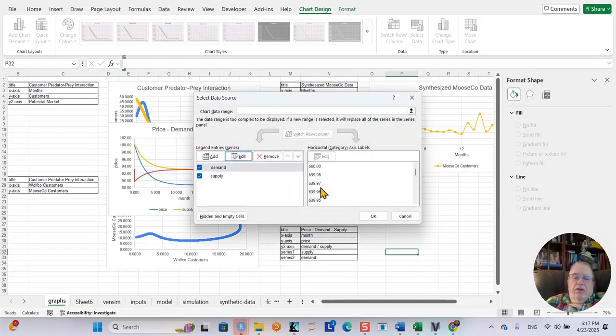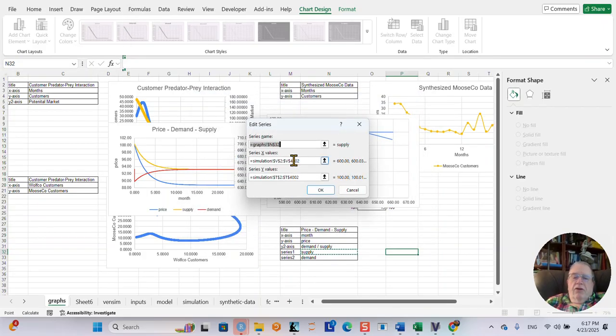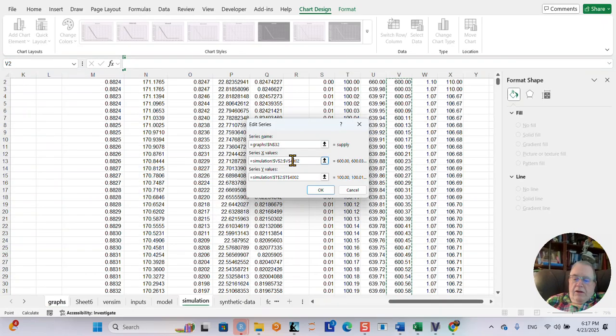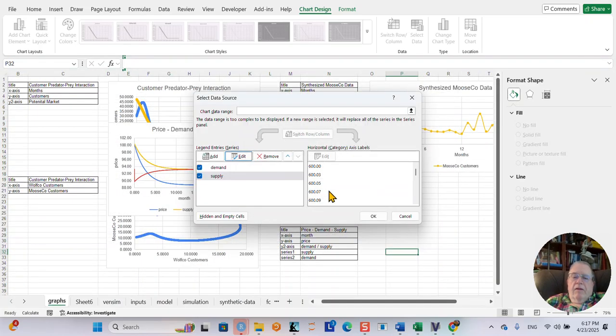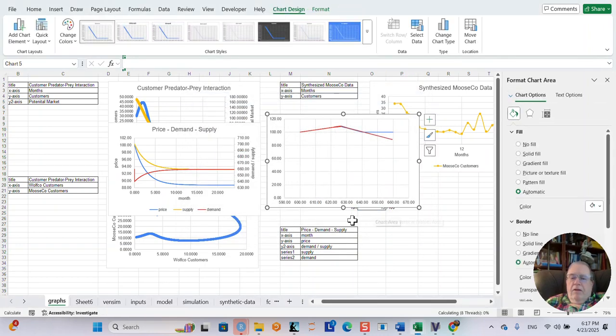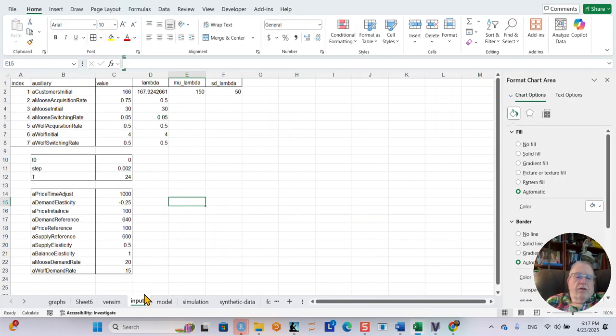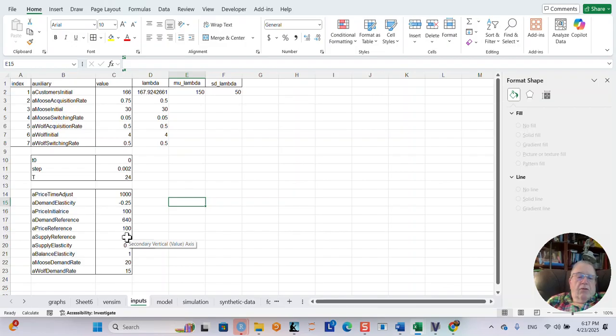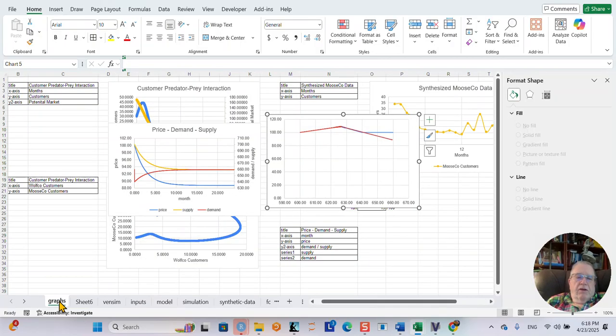But there's that. And on the supply side, do the same thing. I just want to make sure everything is there so I don't forget when I post all of this. And there we go. And we go back to the inputs. And we have a supply reference of 600 versus 4. And what's happening here is we have different numbers occurring, so the graphs are going to change.